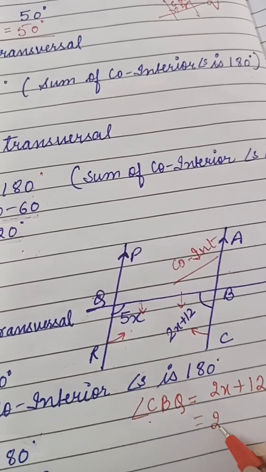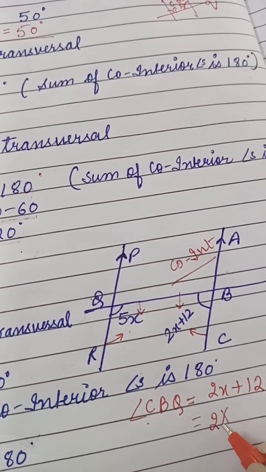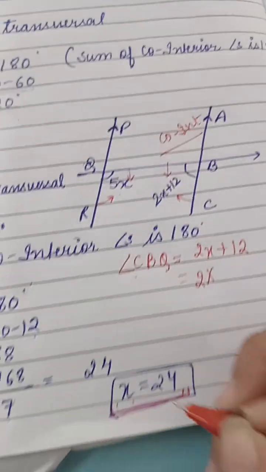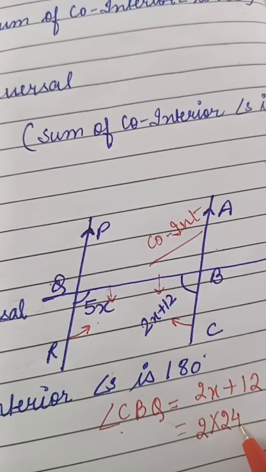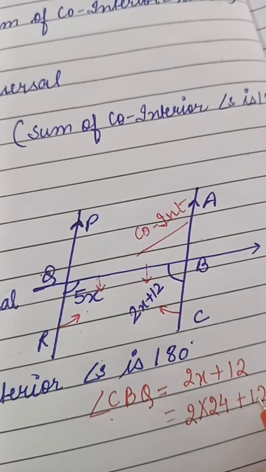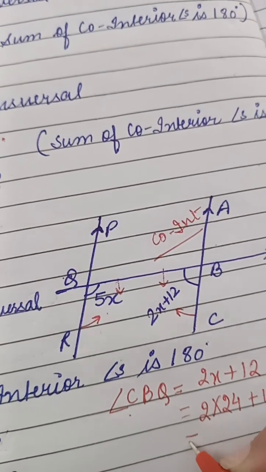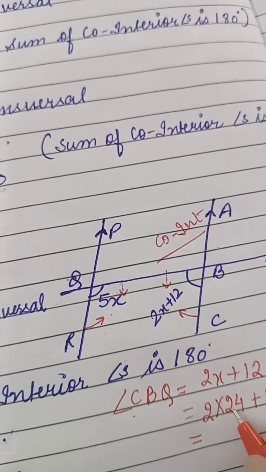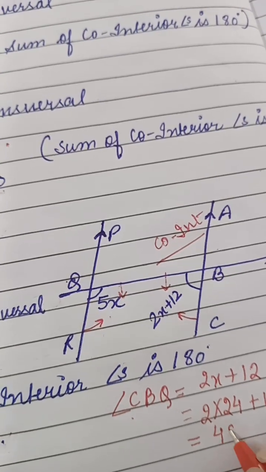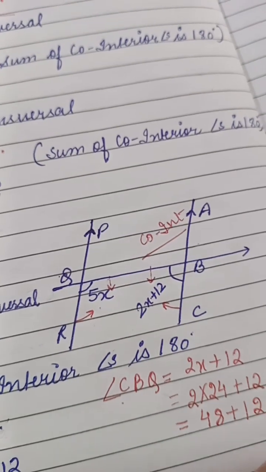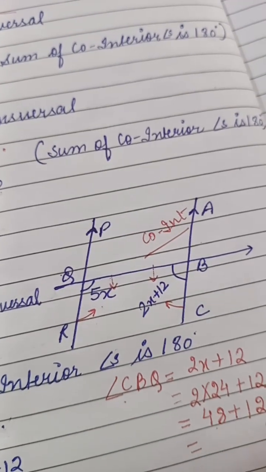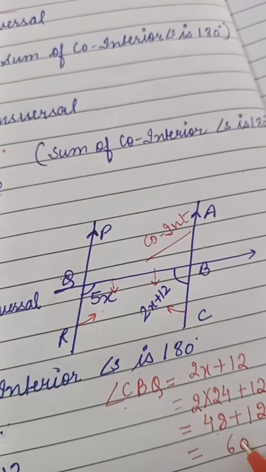That is 2 multiplied by the value of x, which is 24. 2 multiplied by 24 plus 12. And 2 multiplied by 24 will be 48, plus 12. And 48 plus 12 will be 60.